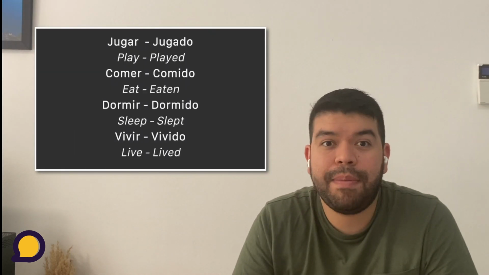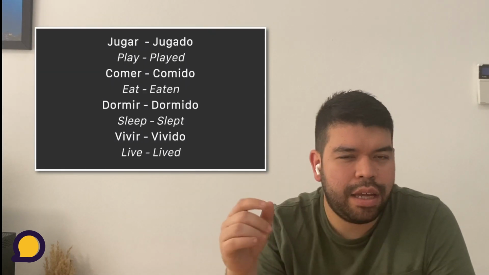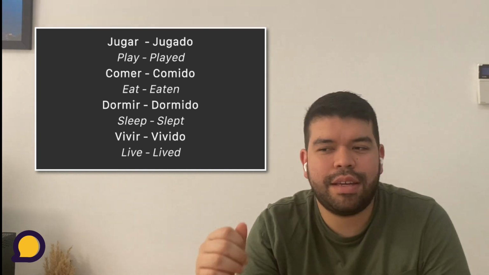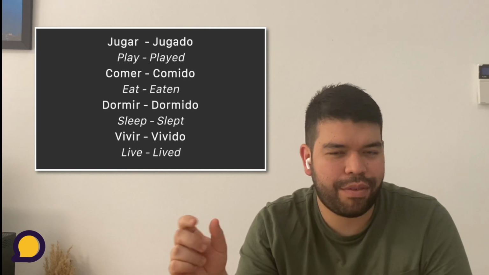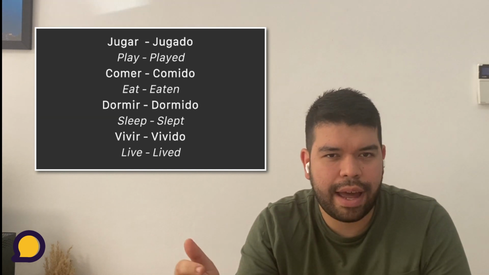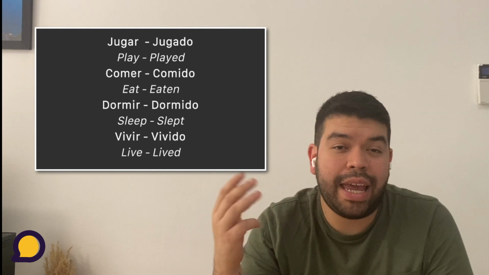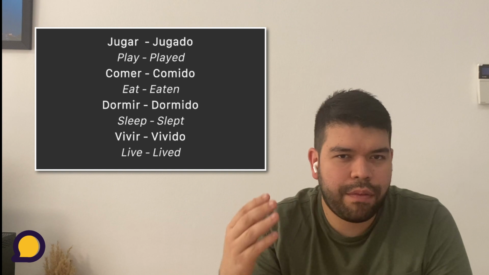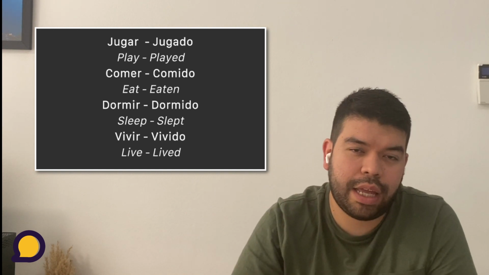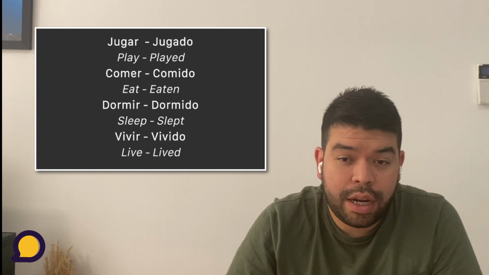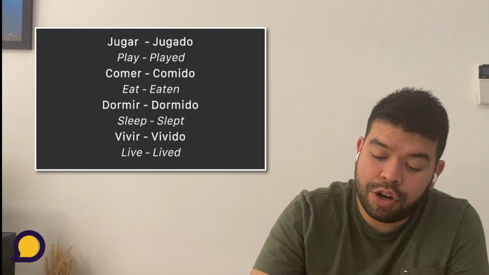Yo he jugado, yo he comido, yo he vivido. As you can see, the verb ends in ado, ido, right? Comido, jugado, dormido, leído. We have a lot of verbs that, by the way, are like non-personal verbs.